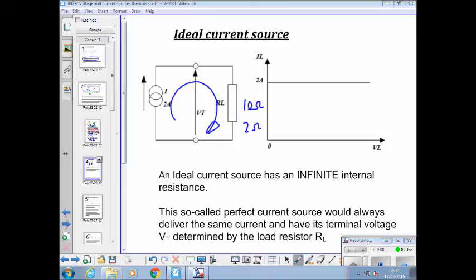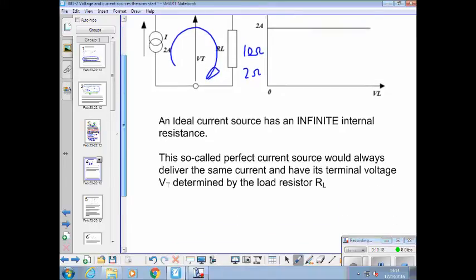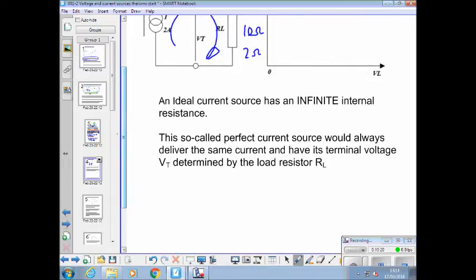Or we can say we want to hold our current stable and let the voltage vary. But you cannot hold 12 volts and 2 amps. Not possible if you vary the load. Okay? It's not possible to hold both quantities as stable. So this ideal current source would always deliver the same current regardless of the load resistance.